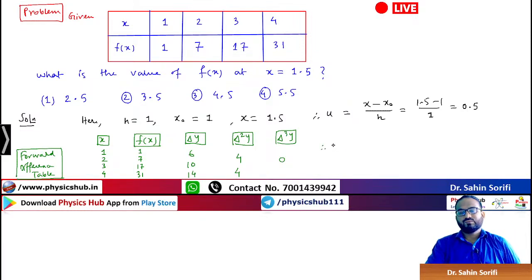So f of 1.5, what was in the formula? y0.